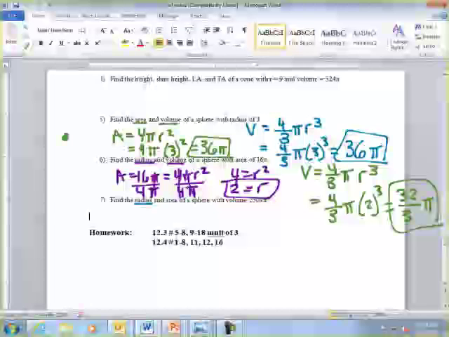And in the last one, we're asked to find radius and area given volume is 2,304 pi. That is equal to 4/3 pi r cubed. So what do I do to solve for r here? I can divide by pi. That'll cancel those pi's, and then how do I get rid of that 4/3?